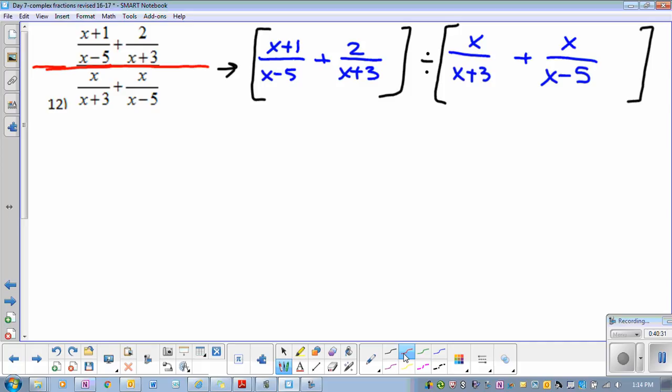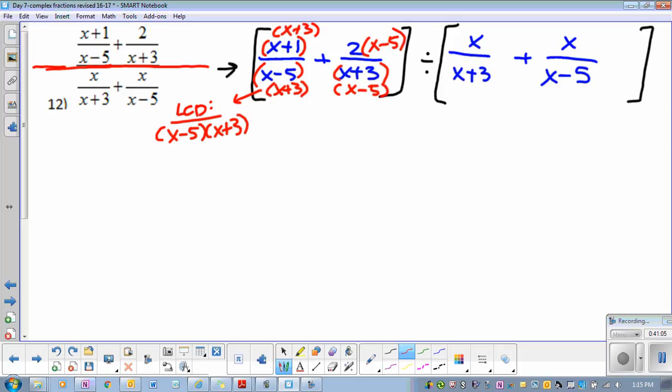Alright, LCD. For this guy, what is it? X minus 5 times x plus 3. Okay, what is the first one missing? X plus 3. So that means the top one needs to get an x plus 3. What is this one missing? X minus 5, I'm sorry.